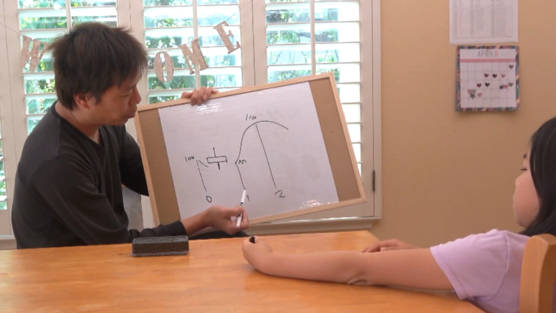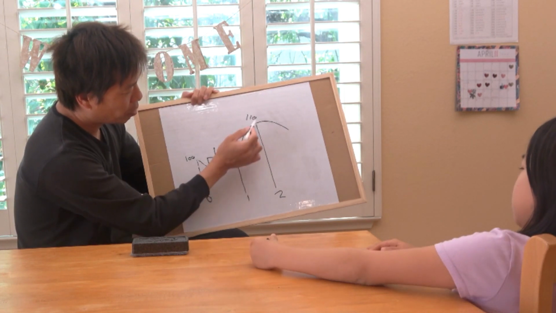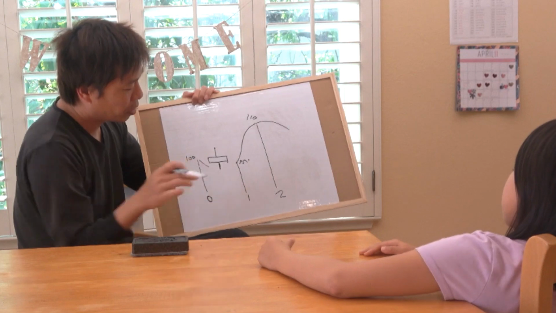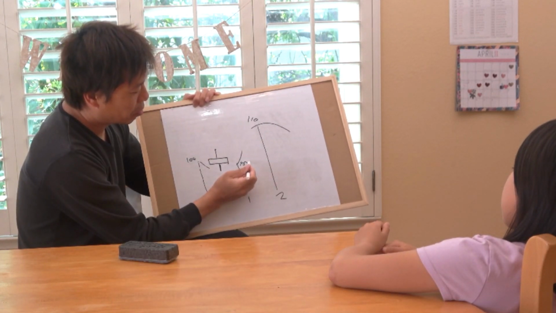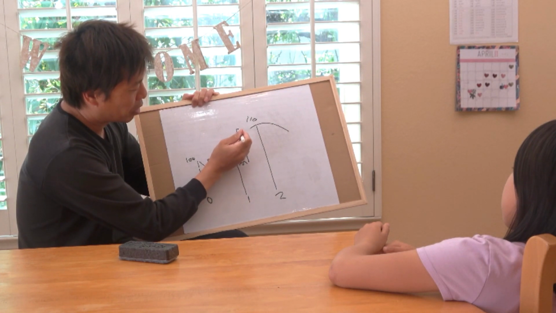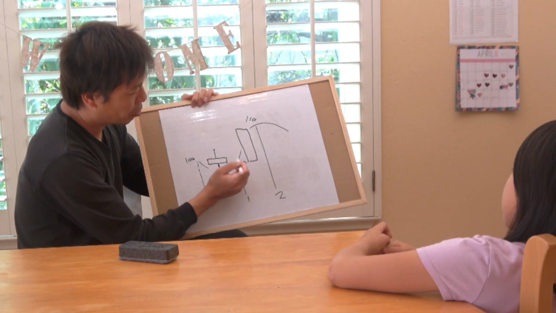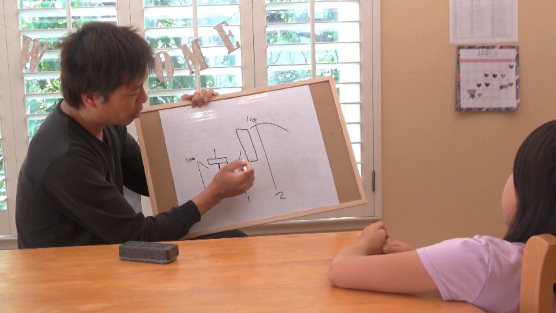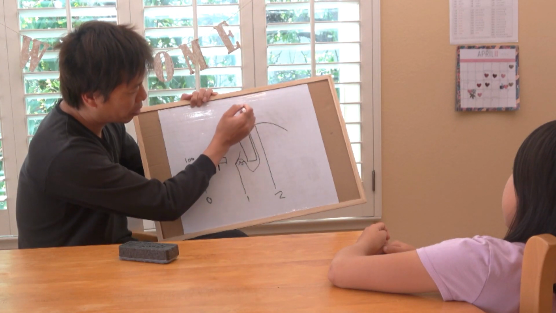For example, for here, the starting point is 95. The highest point is 110. So, for this candlestick, the starting point is 95. And then it goes up like this. But let's say that during this hour, the stock price went down, and then suddenly went up, and then down.